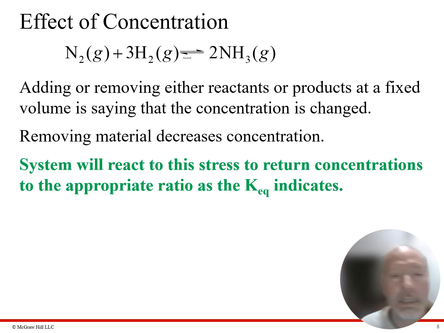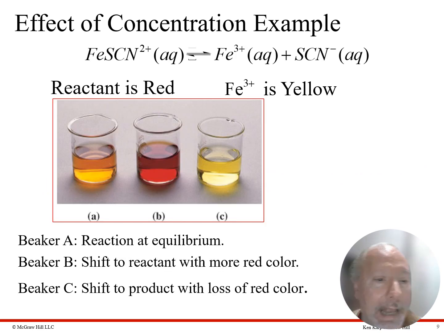So even if you temporarily change the concentrations, it's going to go back to KEQ and reproduce that number, that set ratio that we know it to be. So the system will react to the stress to return the concentrations to the appropriate ratio that KEQ indicates.